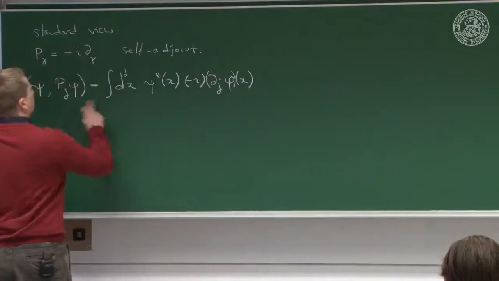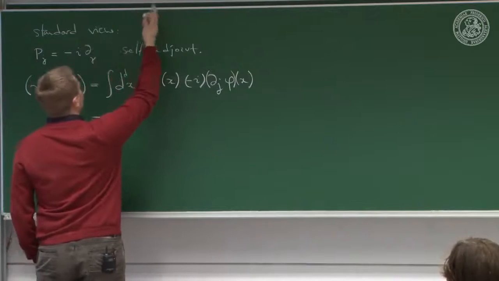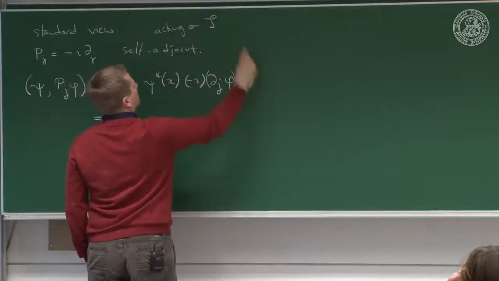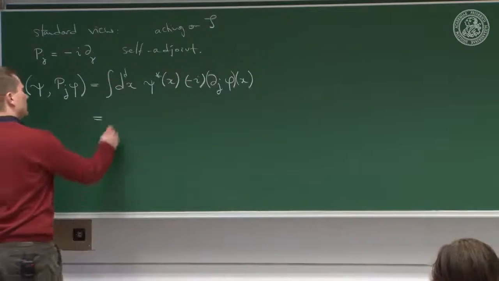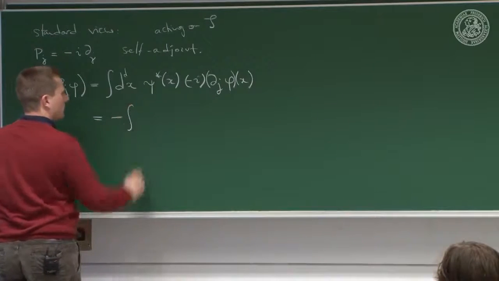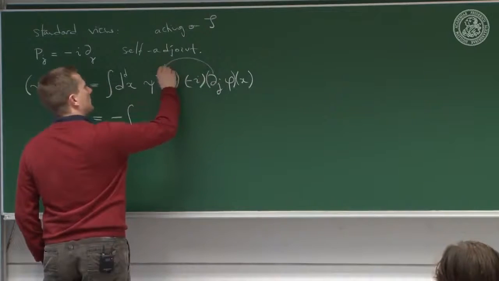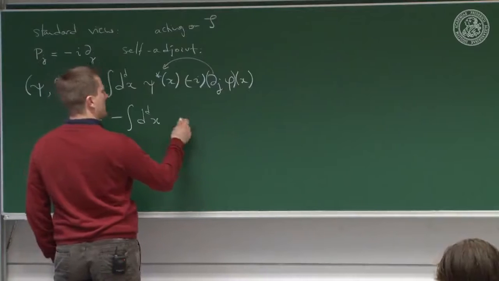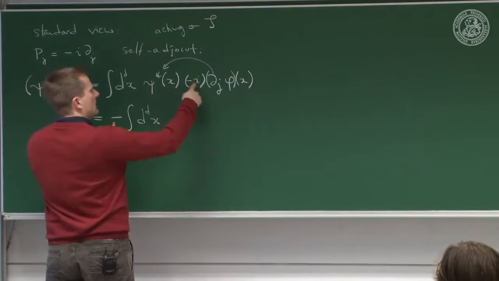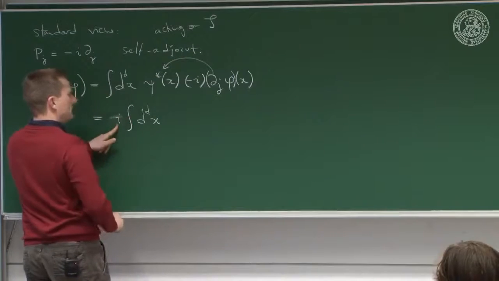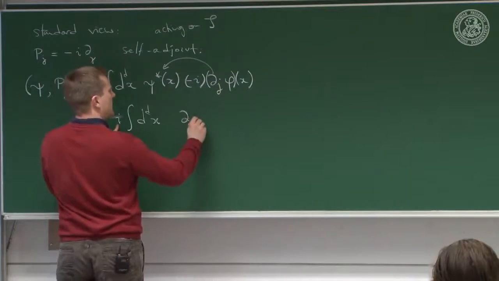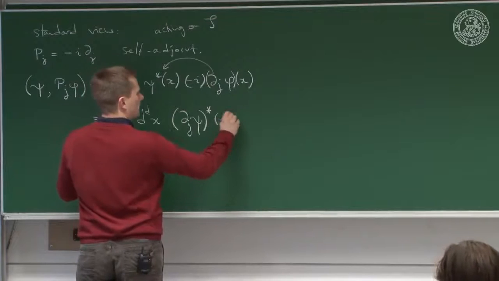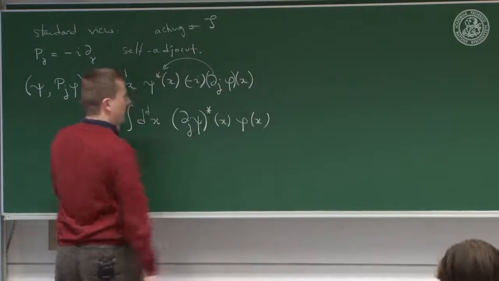I act on these test functions that sufficiently quickly decay. We do now an integration by parts. We shift this over to all the other factors here, but there is just one in this case. So there is a minus from the integration by parts. There's a minus i anyway, so there is an i. Then there's a del_j psi, which is starred, evaluated at x, and there remains a phi of x.